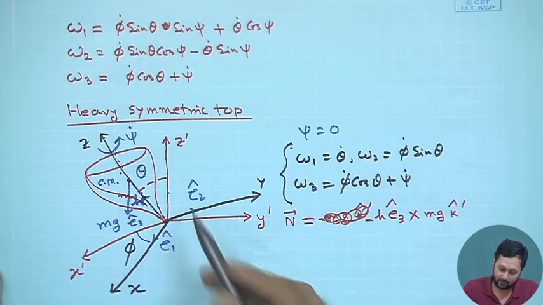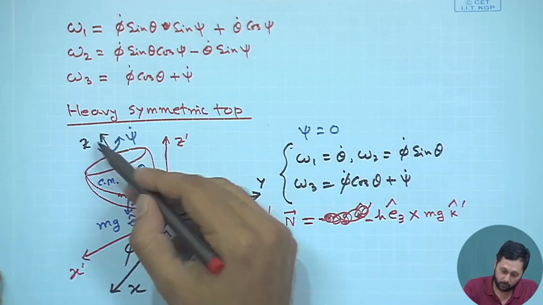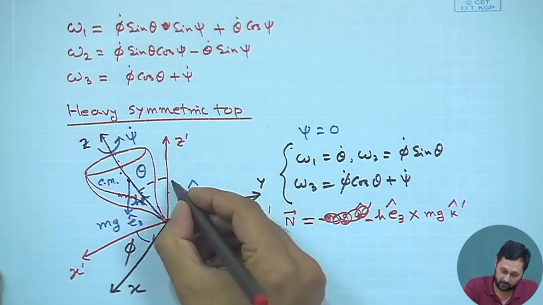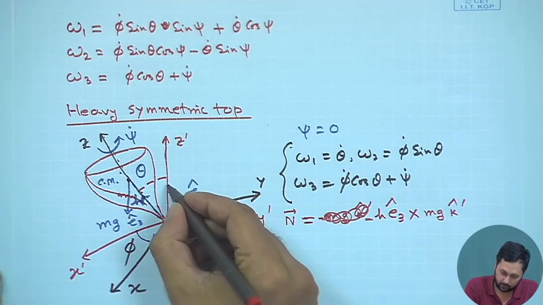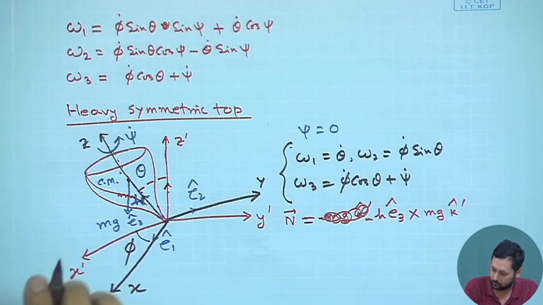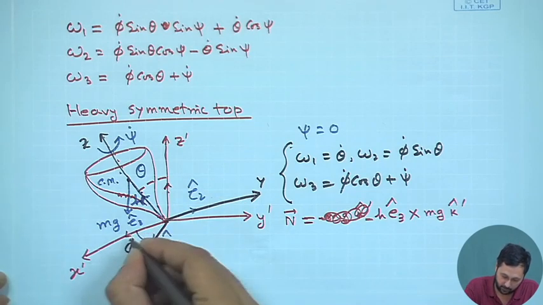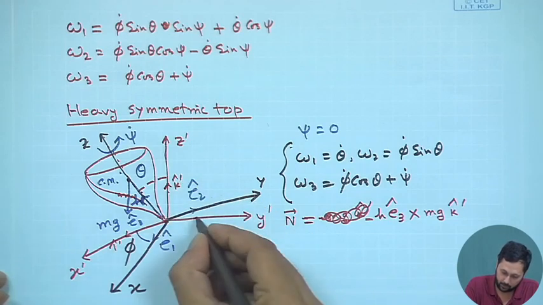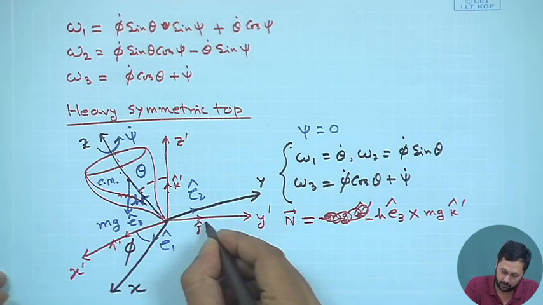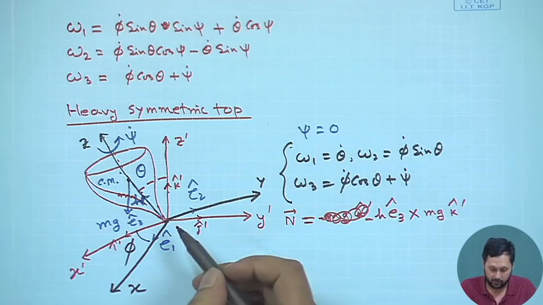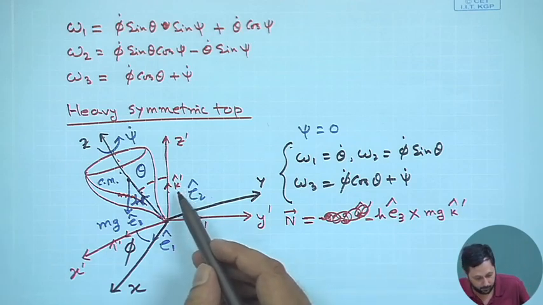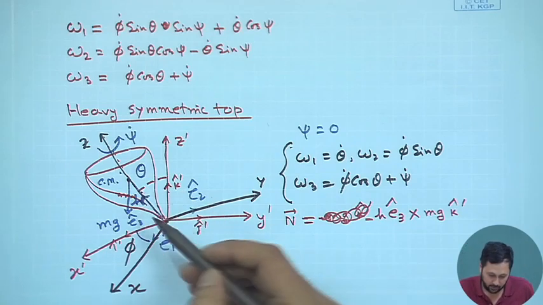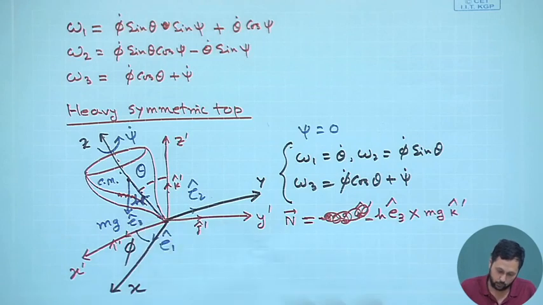In that case, we can decompose this, if I mark the unit vectors as i prime, j prime and k prime, then we can decompose k prime in terms of E1, E2 and E3, right.